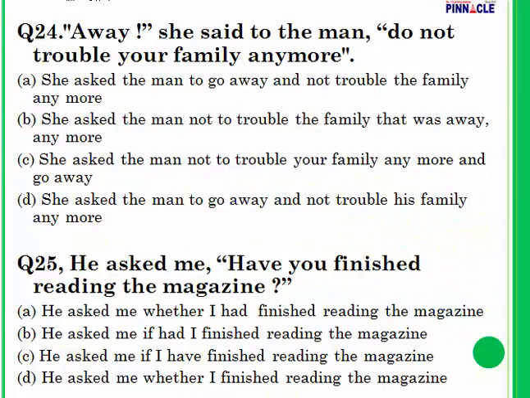Question number 24. He said to the man, go away, do not trouble your family anymore. Let us take a look. He asked the man to go away and not to trouble the family anymore. Here it clearly says your family.